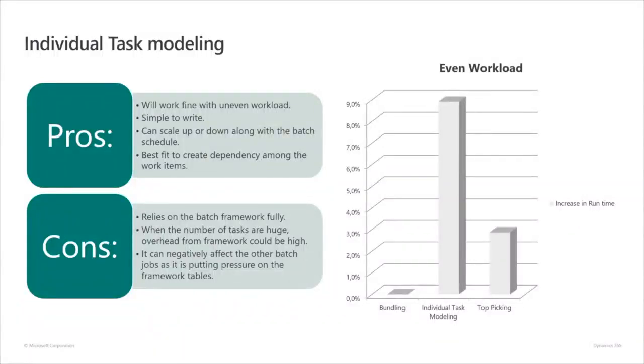The graph on the right shows you that individual task modeling is adding quite some increase in runtime for even workload with a large number of entities that are processed and hitting the batch framework.